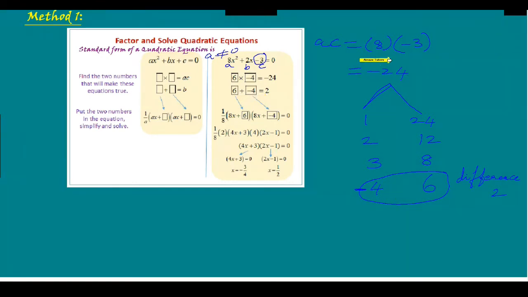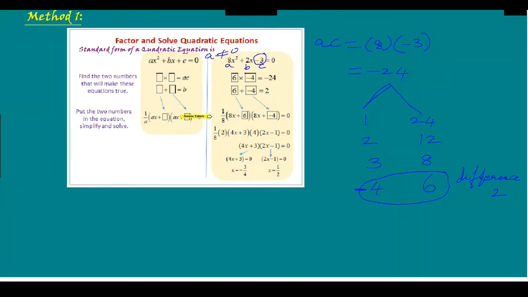If it is a positive number, it will be addition: 3 plus 8, 11, 12 plus 2, 14. So that should be the B value. I'll show you one more question with positive. But as of now, for negative 24, negative 4 and 6, because the sum should be positive 2. That is why we have taken these two numbers.